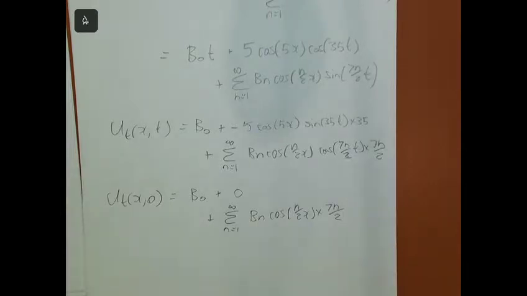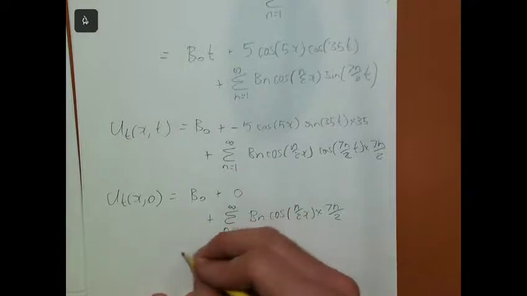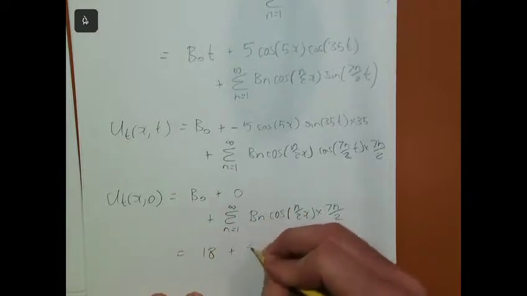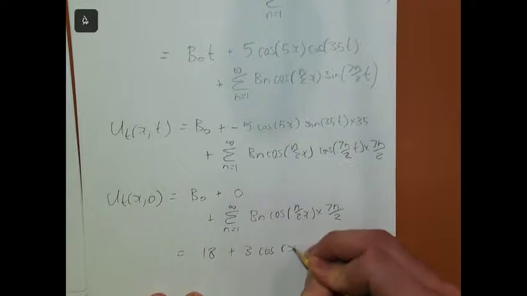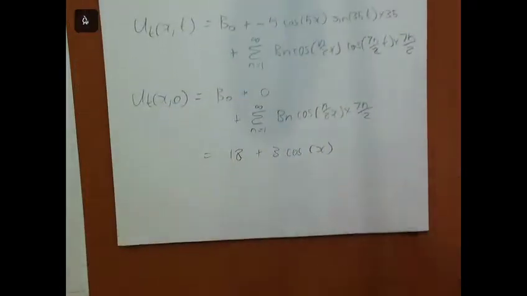And this is supposed to work out to be equal to 18 plus 3 cos x, according to the other page. All right, well, let me do the same trick I did here and write this all out.